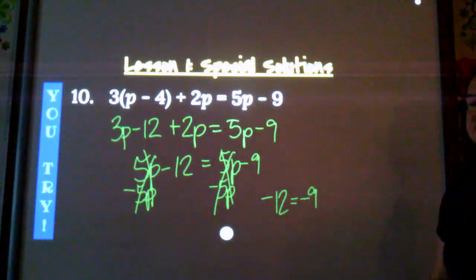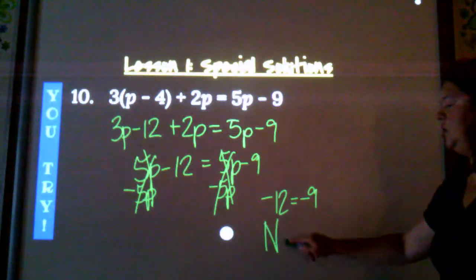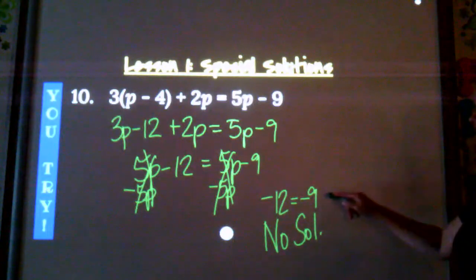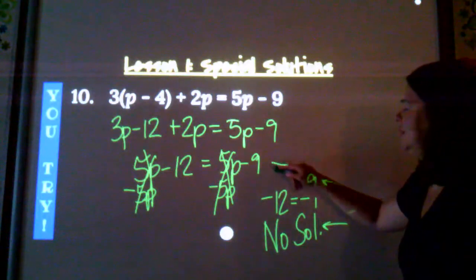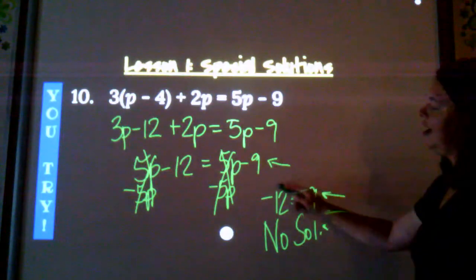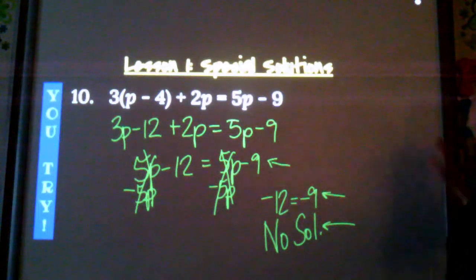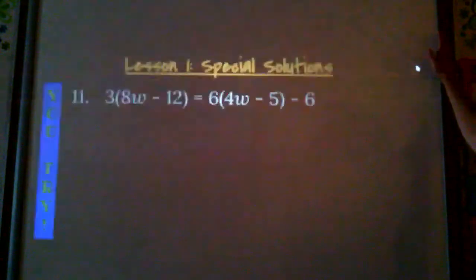What do you think? True? False? Definitely false. So we're going to write no solution. So you need both of these. I guess technically you could write this one, but I like seeing this because it really shows me you did cancel. It's just, there's so many ways you can write things sometimes.